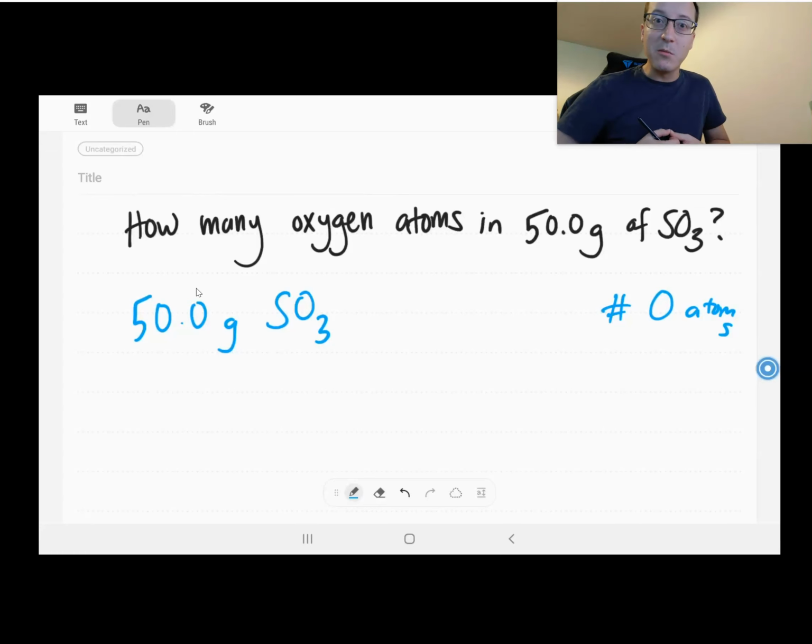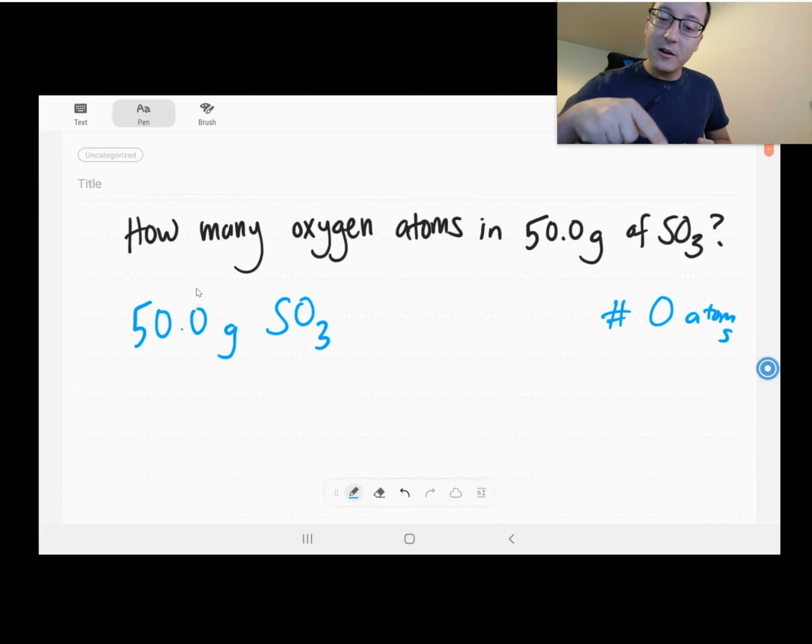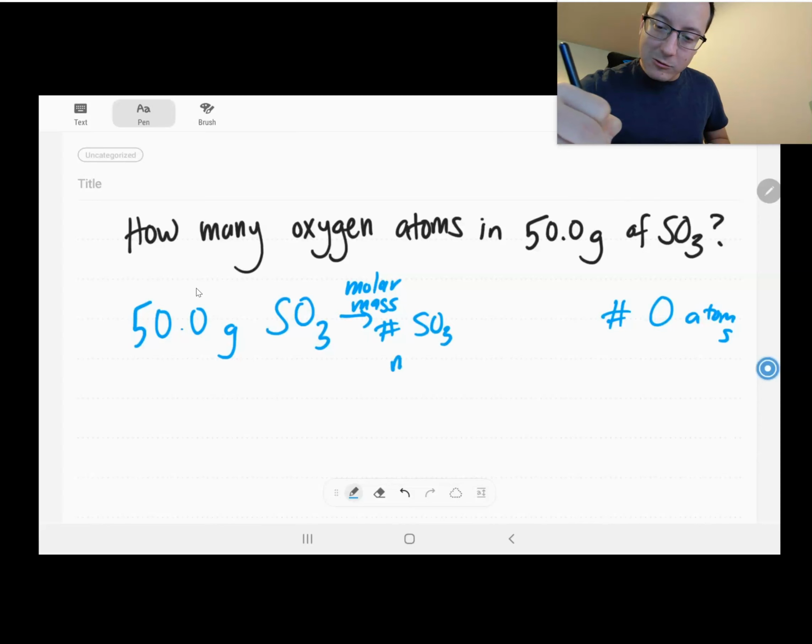In this case, it will be molecules. Further, we also know that from our ratios, we can see that there are 3 oxygen atoms for every SO3 molecule. So we're going to be using those two conversion factors to figure out how to go from grams to number of atoms. Alright, so we're going to be using molar mass to figure out the number of SO3 molecules.